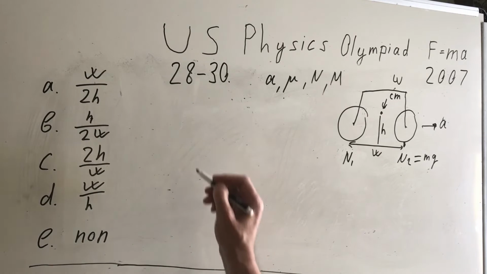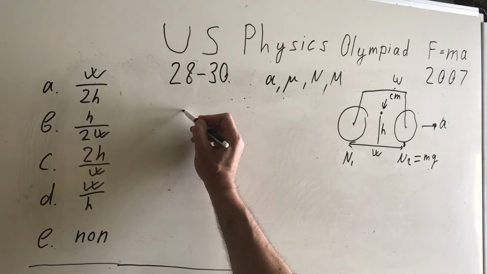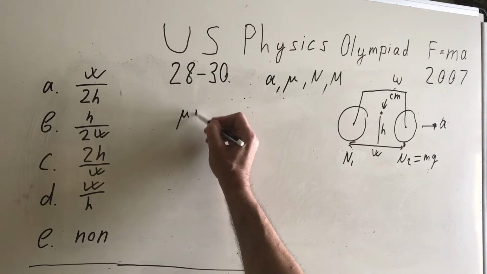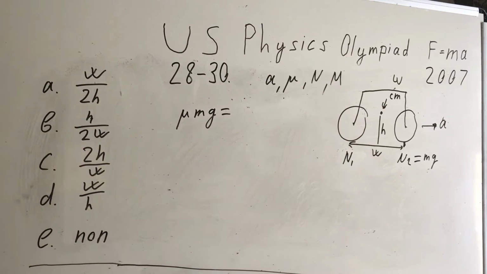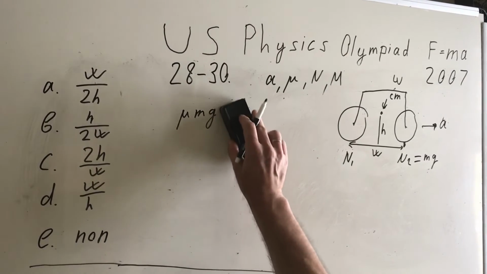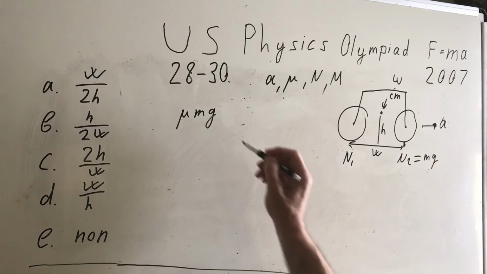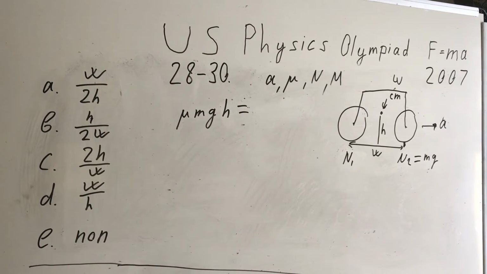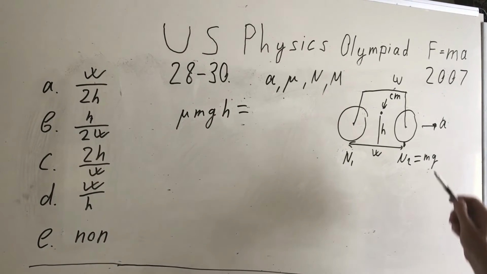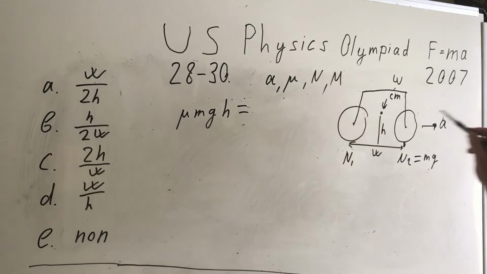It means that this force equals mu mg, and this force creates a torque around this point equal to mu mg h, which is rotating our picture to the right, clockwise.